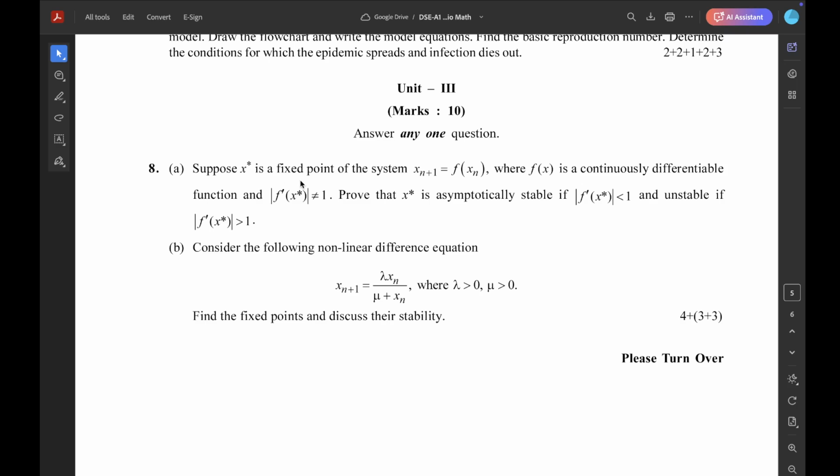Suppose x star is a fixed point of the system x_{n+1} = f(x_n), where f(x) is a continuously differentiable function and |f'(x star)| is not equal to 1. Prove that x star is asymptotically stable if |f'(x star)| is less than 1 and unstable if |f'(x star)| is greater than 1.